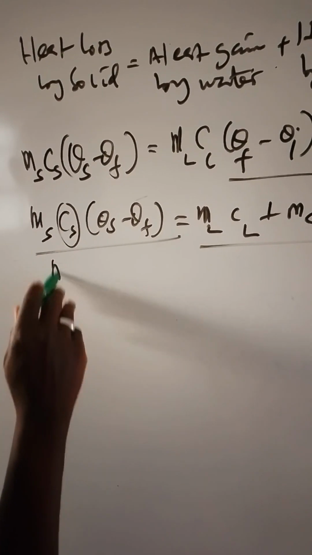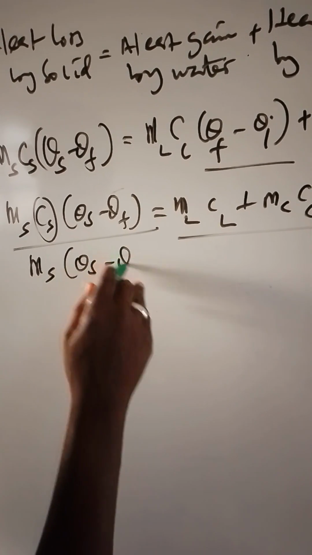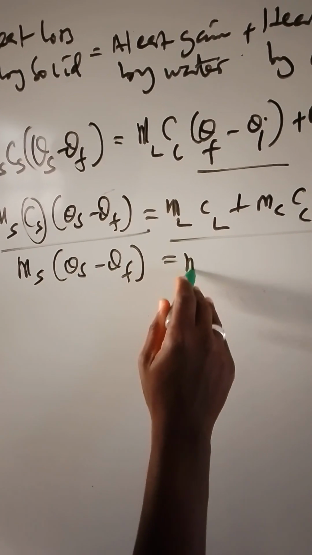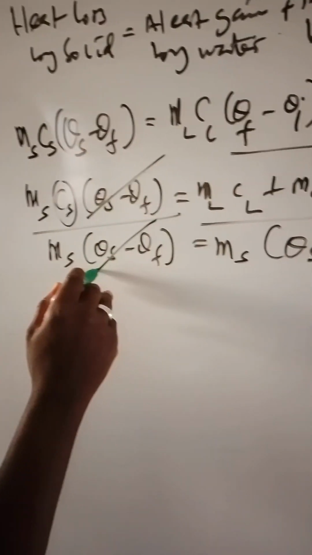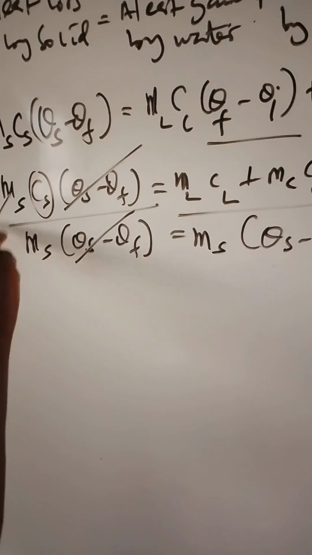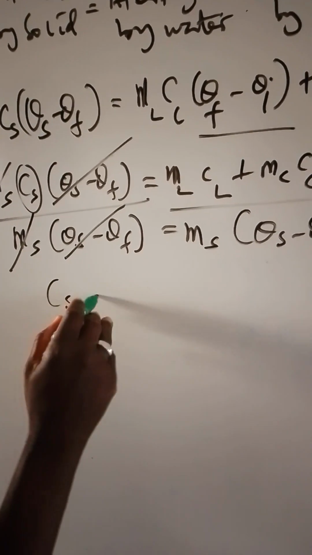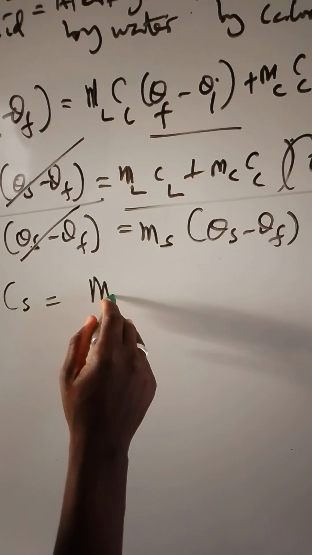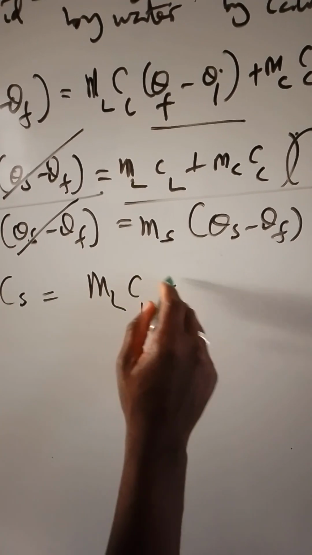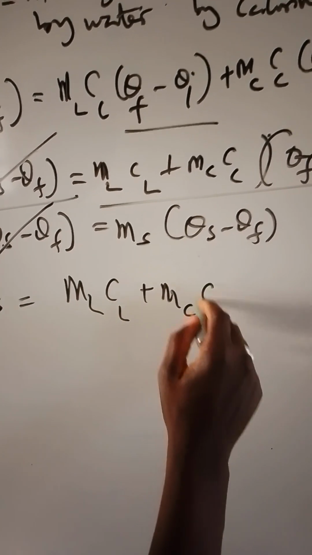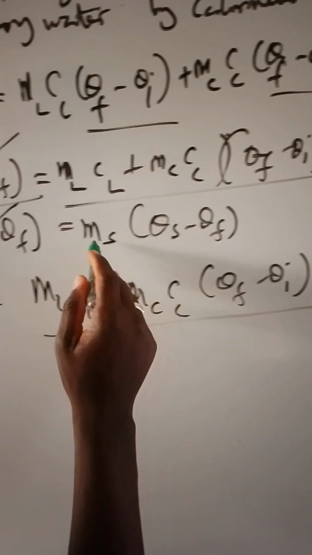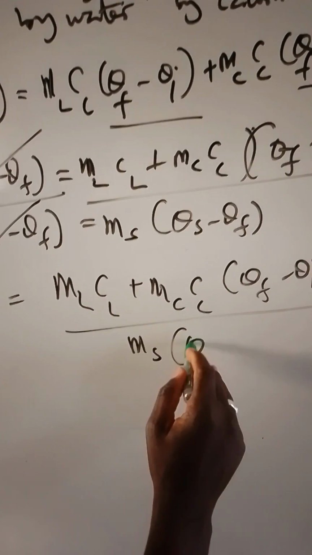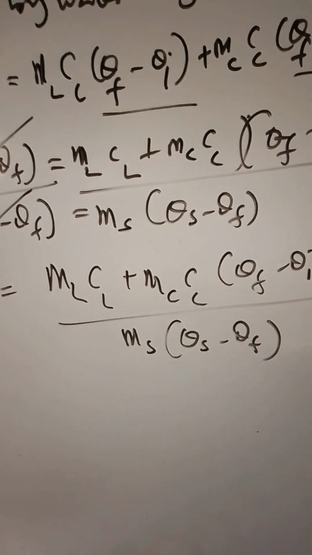Divide both sides by Ms (θs − θf). Automatically, (θs − θf) cancels (θs − θf), and Ms cancels Ms. We have Cs is equal to (Ml Cl + Mc Cc)(θf − θi) all over Ms (θs − θf), as the case may be.